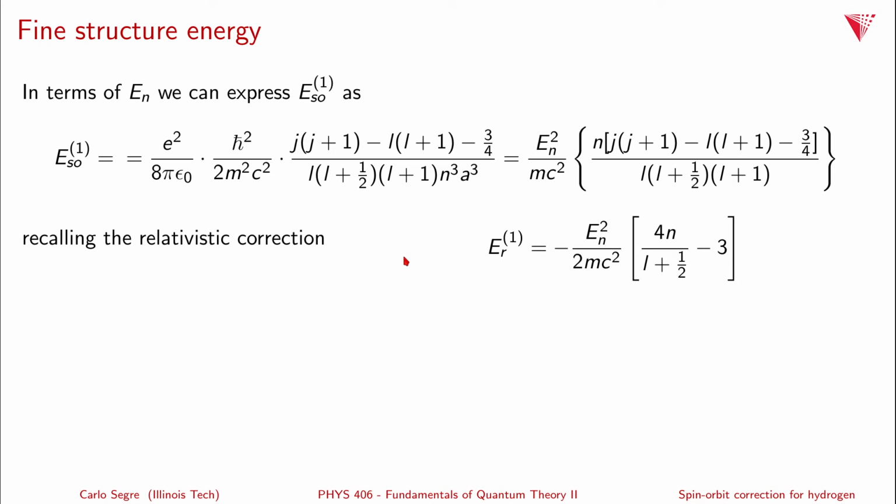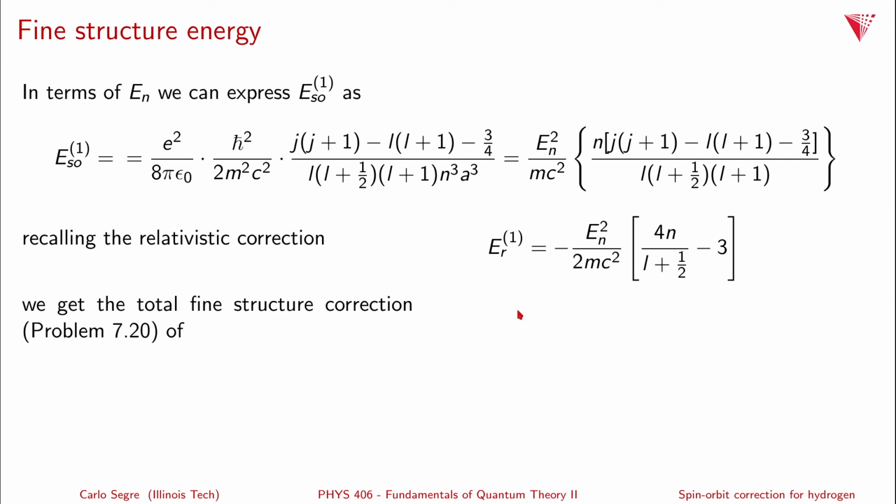If we recall the relativistic correction, E sub R1, the first order energy correction relativistically, is minus E sub n squared over 2mc squared, very similar to the further terms, and then you have 4n over L plus 1/2 minus 3.